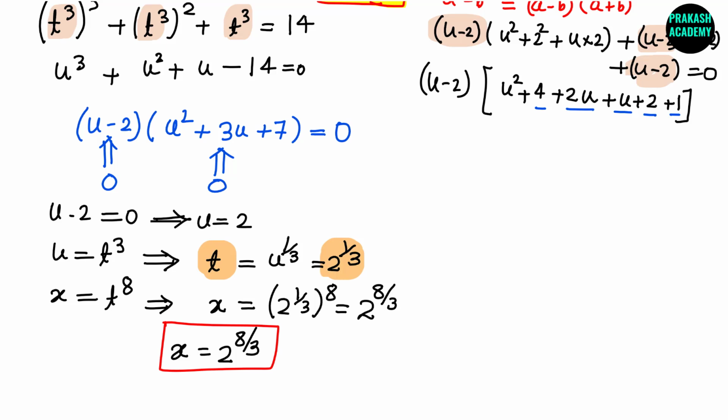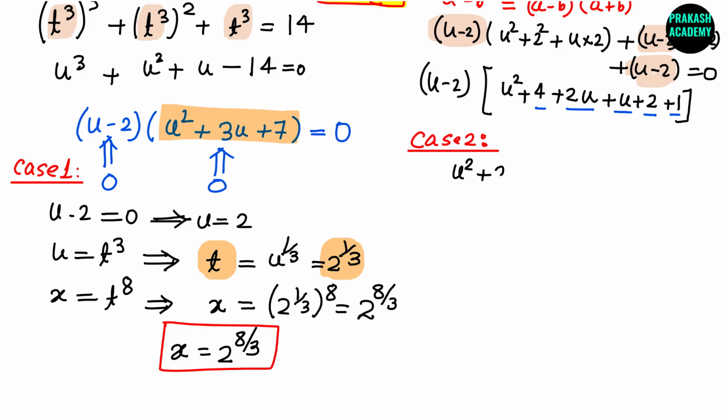Now if we consider the other term, u² plus 3u plus 7 equals 0, this is case 2. This is a quadratic equation.